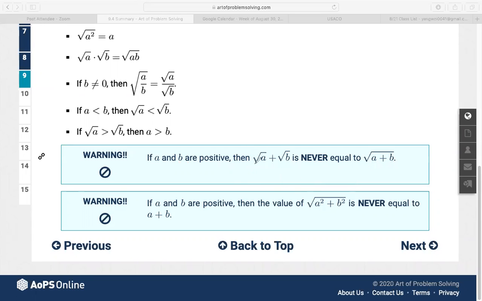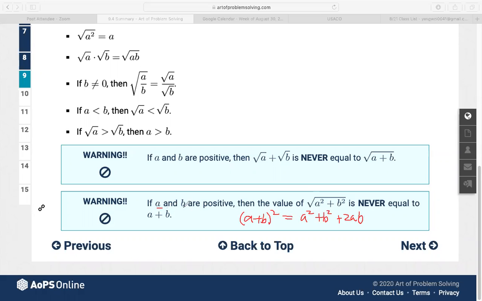Another is: if a and b are positive, then the square root of a squared plus b squared never equals a plus b. Because if you square a plus b, you get a squared plus b squared plus 2 times a times b.